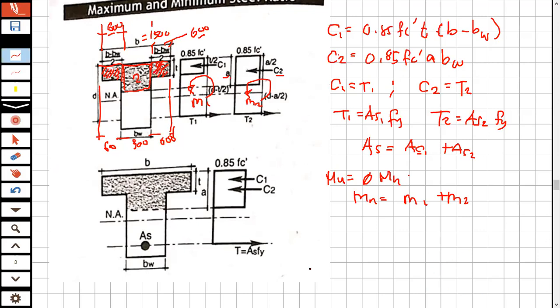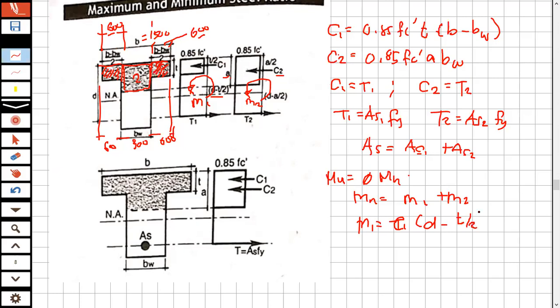Okay? So now we will see that M1 is either we use C1 or C2. Pwedeng T1 or C1 times d minus, anong distance? Ayan, malinaw naman. No? d minus t over 2 kasi t ang pinaghati dito.